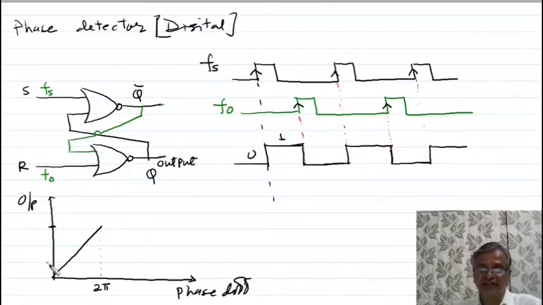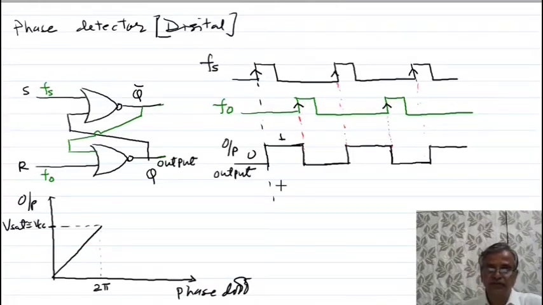The reason is that the output DC voltage for an RS flip-flop is linear up to 360 degrees, whereas in an exclusive OR gate the output is linear up to 180 degrees. For this reason, the edge-triggered phase detector using RS flip-flop is better.